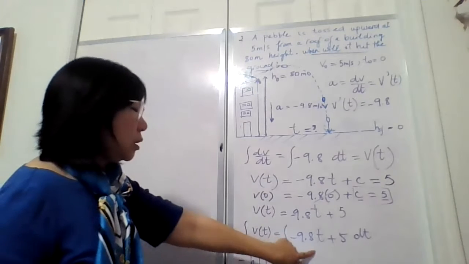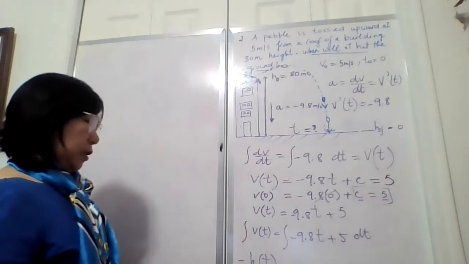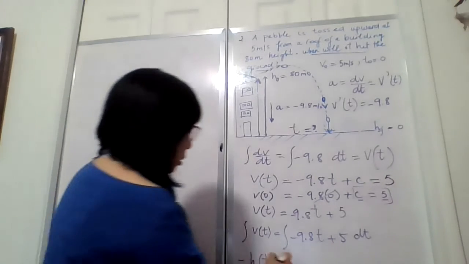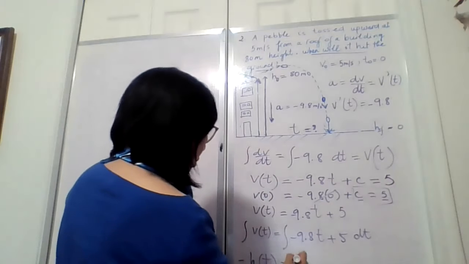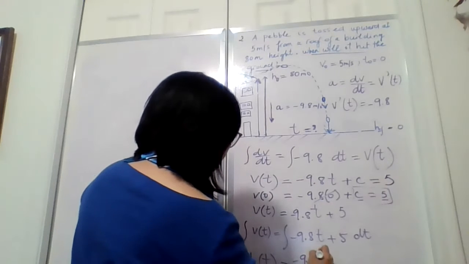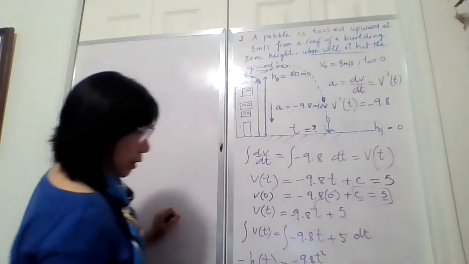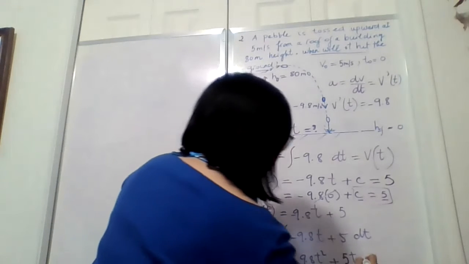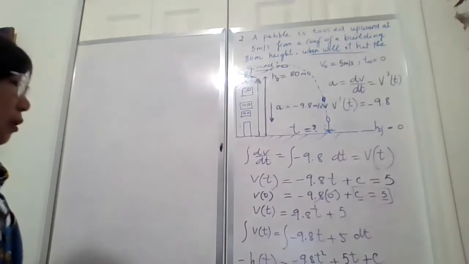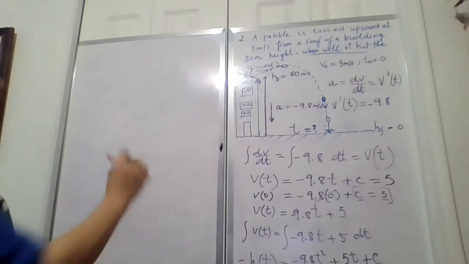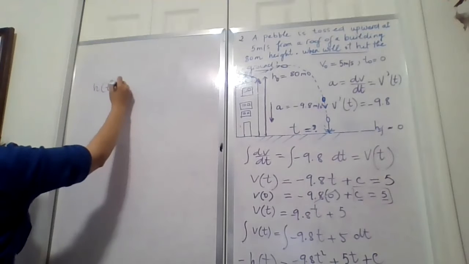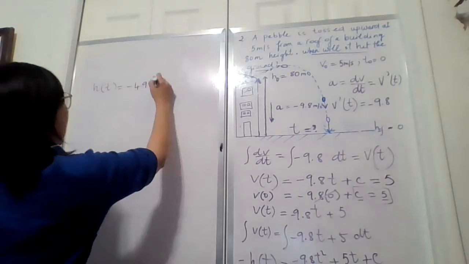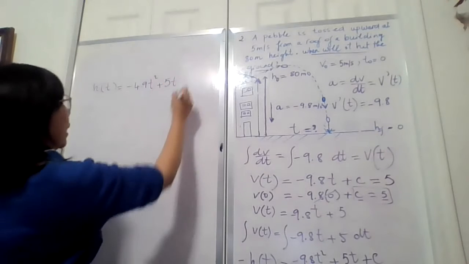So we integrate this velocity, we get back to the position function, h of t, which is like the displacement function. Integrating this gives minus 9.8 t squared divided by 2, adding 5t, plus c. So now our function is h of t equals minus 4.9 t squared plus 5t plus c.